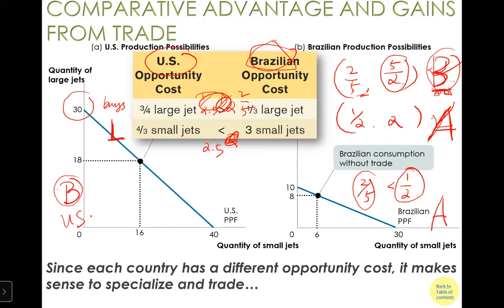Why? Because under price A, the small jet will sell at a higher price compared with price B, and on the other hand, at price A the US larger jet will sell at a lower price compared with B. So A is going to benefit Brazil a little more compared with B.